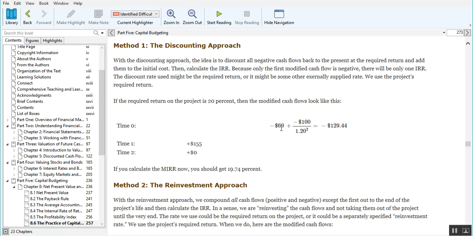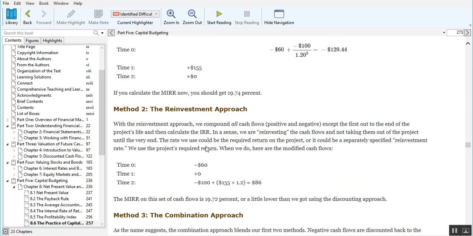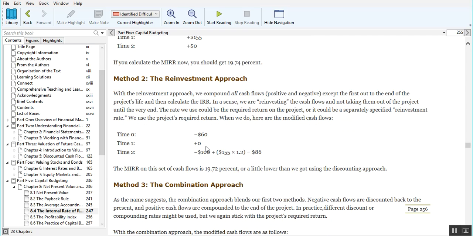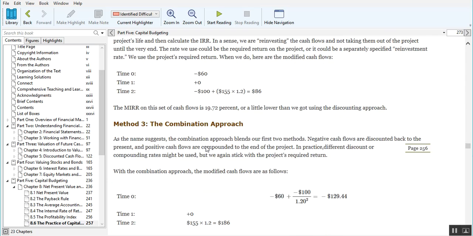You take negative $100 over 1.20 to the second power, because that's the required rate of return, 20%, and you're going to get a negative 129.44, and then a positive 155, and a negative, basically 0.